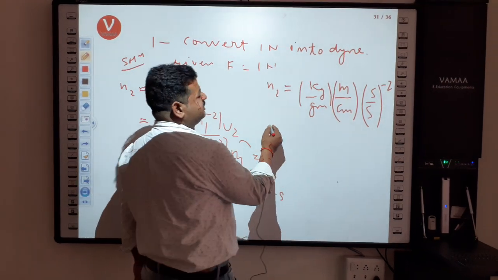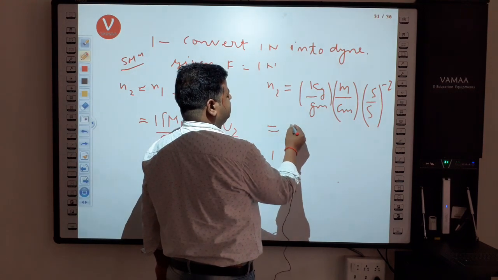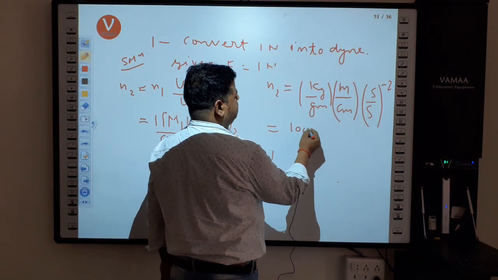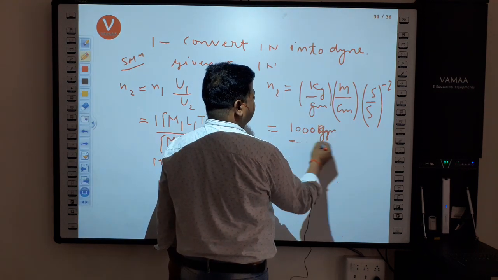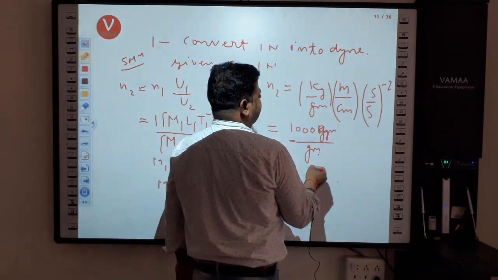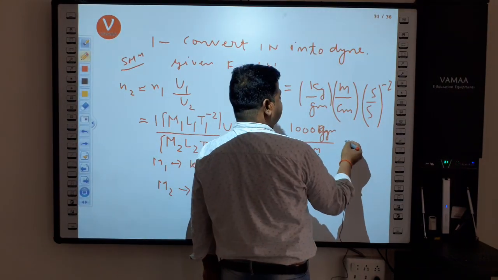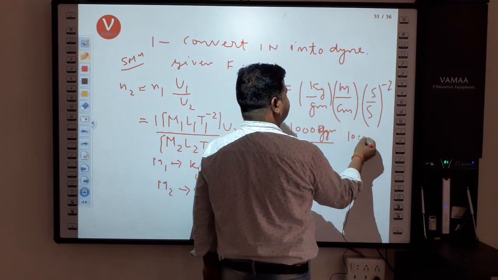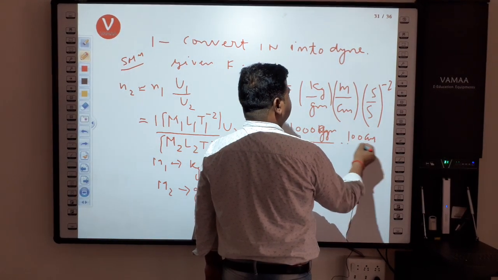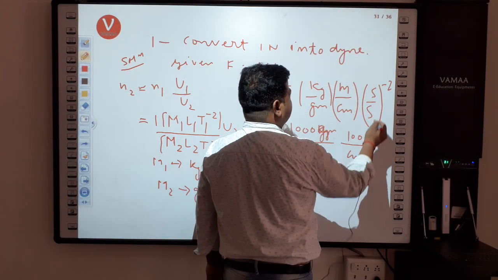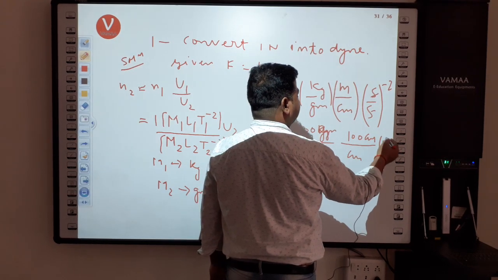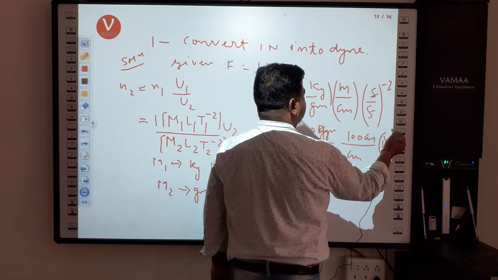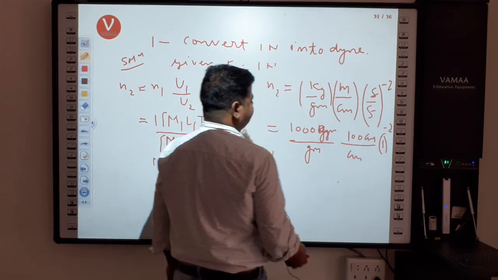Therefore, in place of kg we put 1000 gram upon gram, and in place of meter we put 100 centimeter upon centimeter, and second cancels second. Therefore, here we write 1 to the power minus 2.